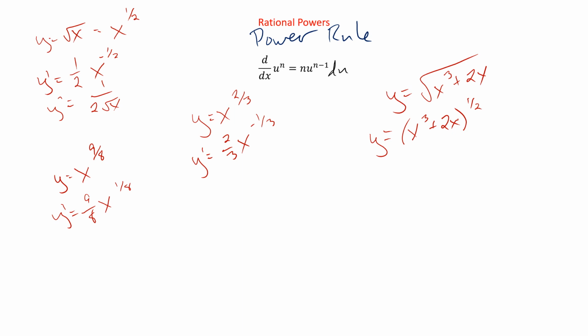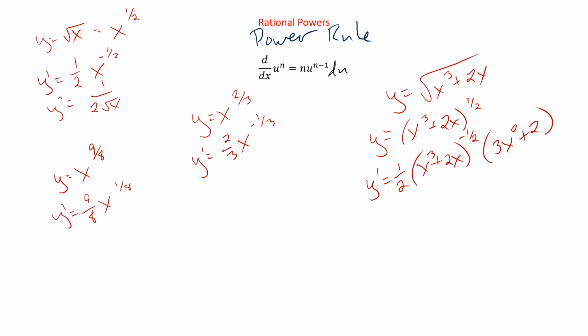Then y prime: we're going to have 1/2 times that something, x cubed plus 2x. That doesn't change. Then subtract 1, so negative 1/2, times the derivative of the inside, 3x squared plus 2.